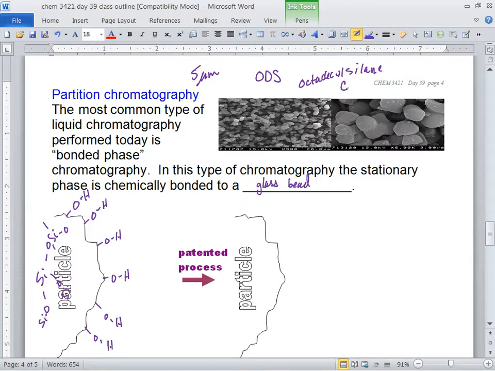Octadecyl is how many carbons? C18. So what you have to do is replace these H's with an 18 carbon chain, right? So let's replace all of them except for that center one. We've got a lot of C's to write. Oh, what we could do is do a parenthesis thing, right?